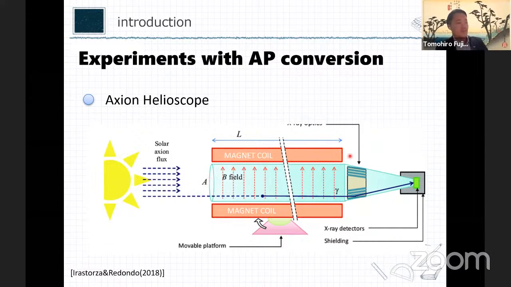So what we want to do is apply a magnetic field inside this experimental facility and wait for axions to get converted into photons due to this magnetic field. Once it becomes a photon, we can detect it by using an X-ray detector. This type of experiment is called an axion helioscope.